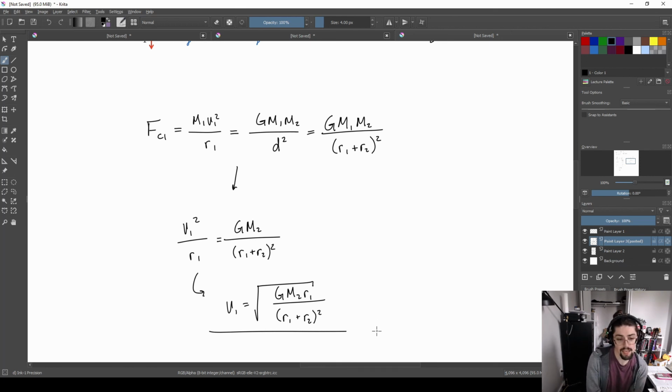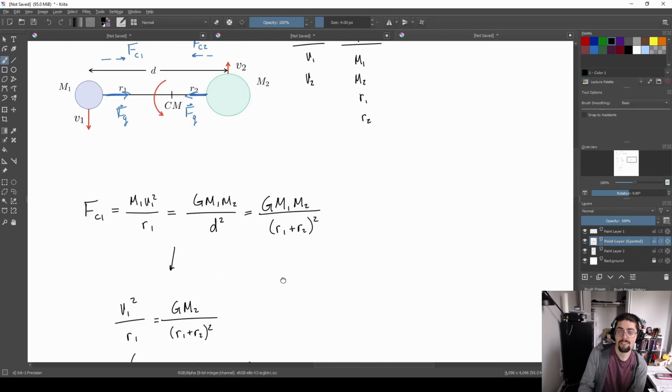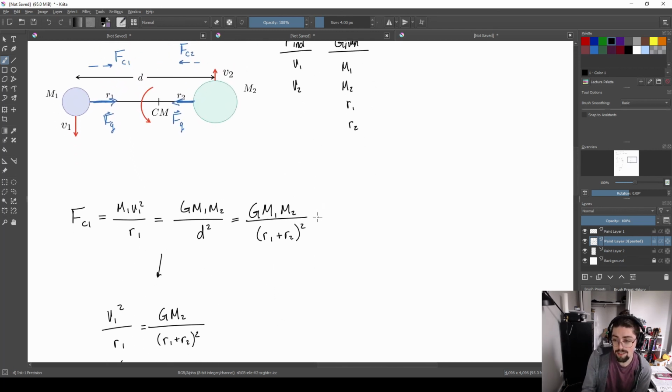Now, we can do the exact same thing with V2, and actually, I'm not even going to write a new equation. I'm just going to take the one that I've already got up top here. Because the centripetal force that 2 needs is also coming from gravity. It's not coming from anywhere else, so it too is going to be M2 V2 squared divided by R2.